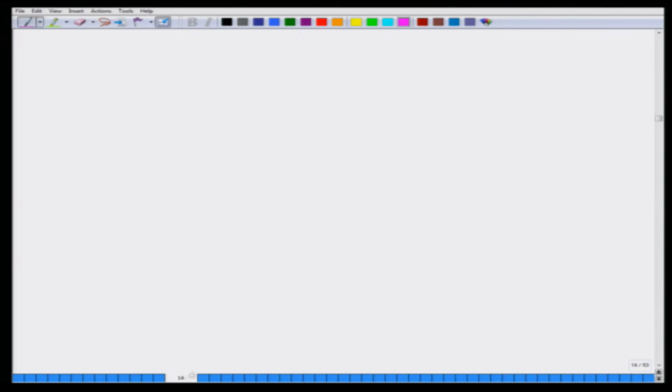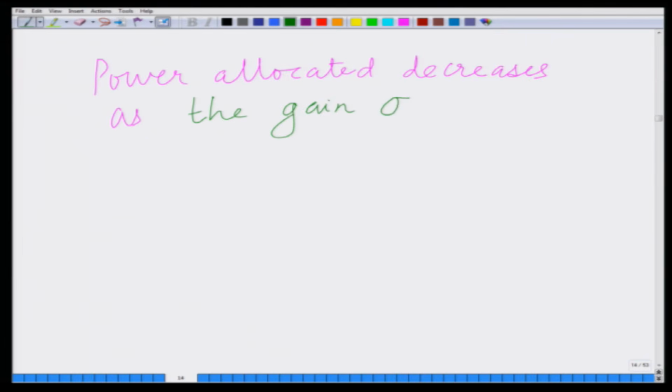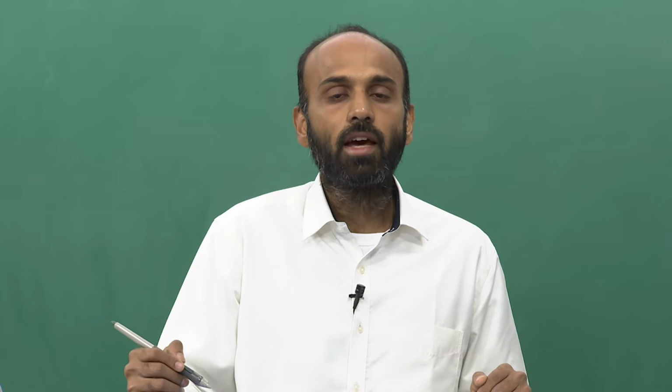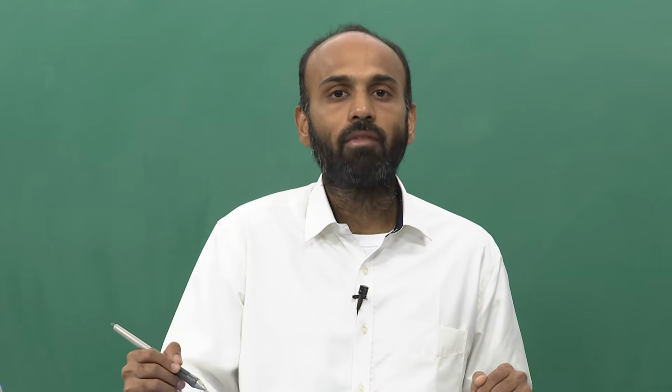You will observe that the power allocated decreases as the gain sigma i square of the channel decreases. Interestingly, for the various channels i, the channels which have a higher gain, that is a higher value of sigma i square, have a higher power.